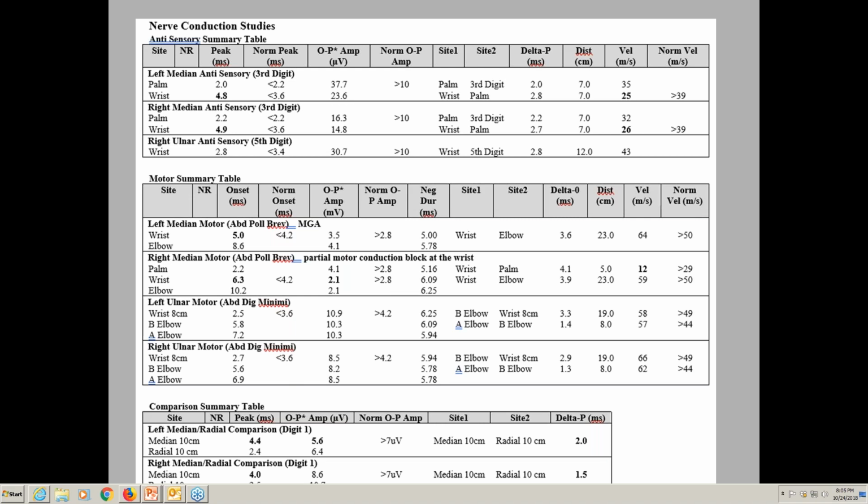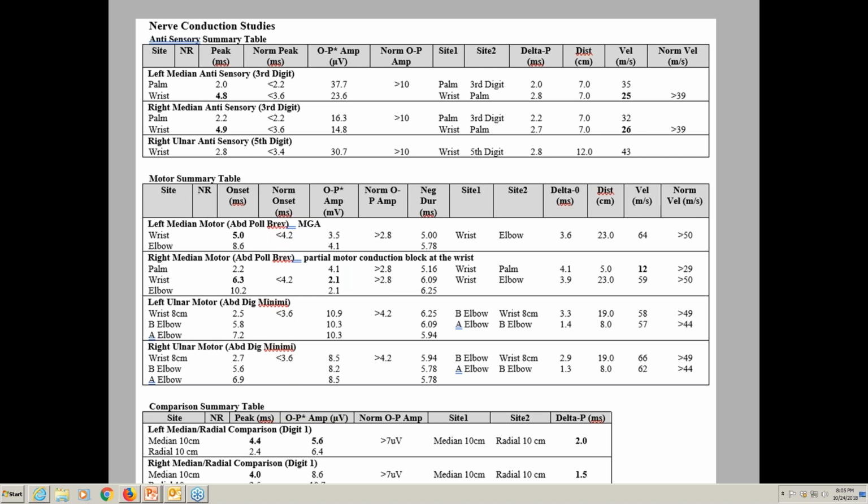And there is electrophysiological evidence suggestive of moderate sensory motor demyelinating pathology affecting bilateral median nerves at or about the wrist.